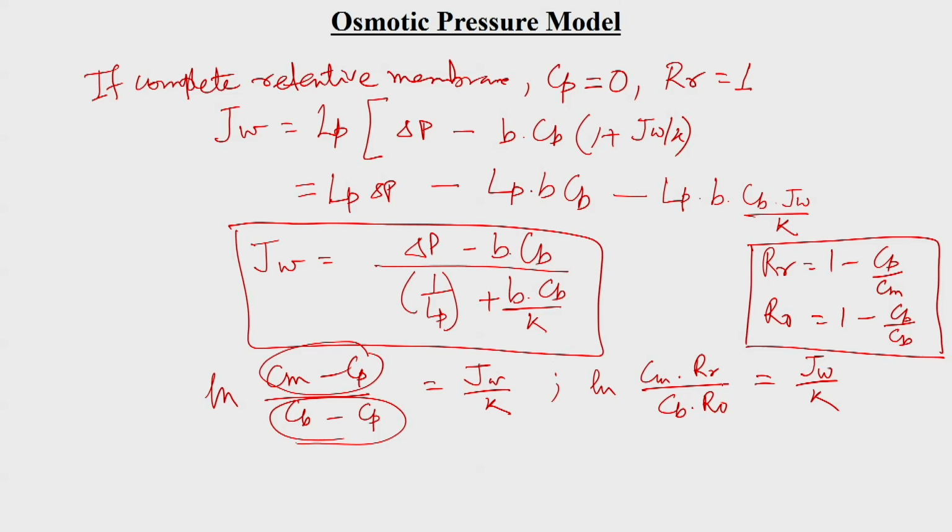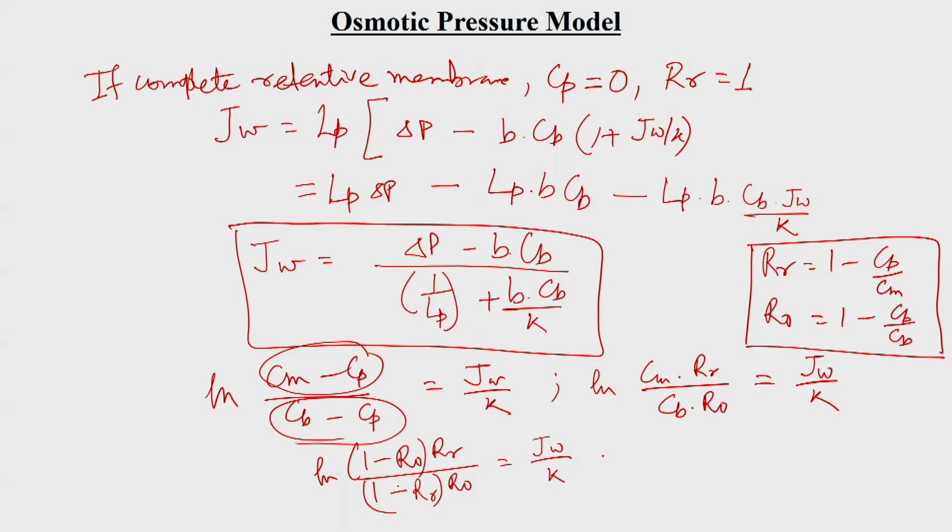So here also, Cp by Cm is equal to 1 minus Rr and Cp by Cb is equal to 1 minus Ro. From here we can do the manipulation like this: ln of 1 minus Ro into Rr divided by 1 minus Rr into Ro is equal to Jw by k.